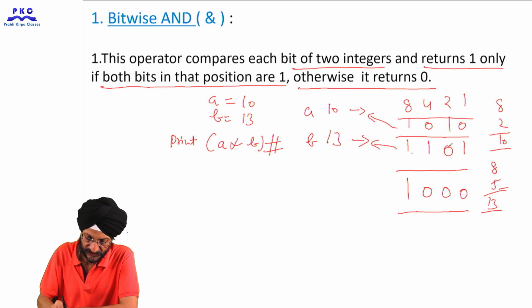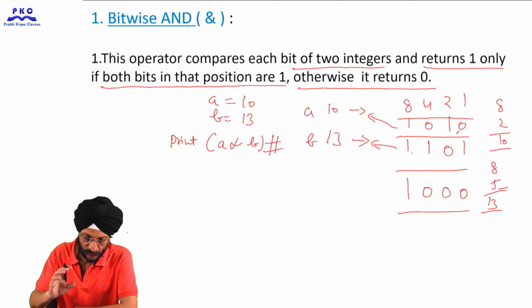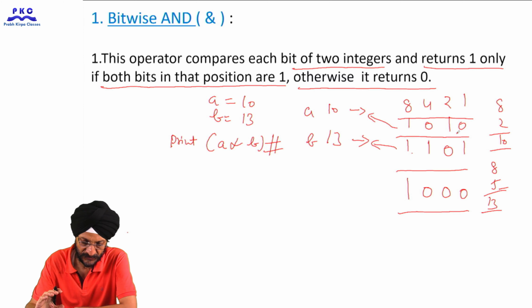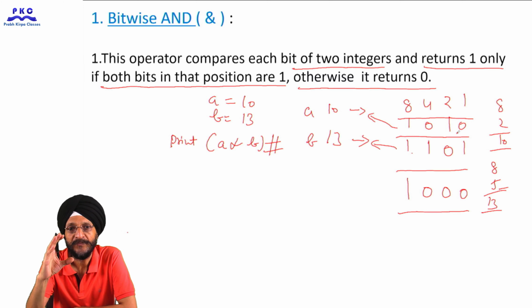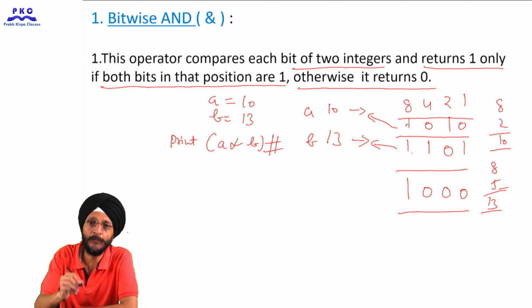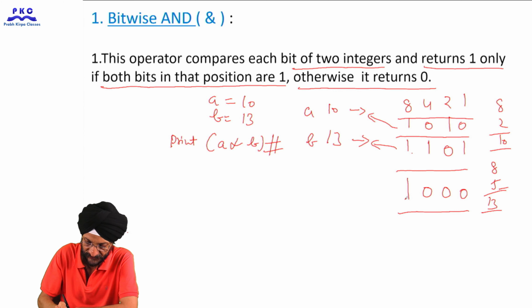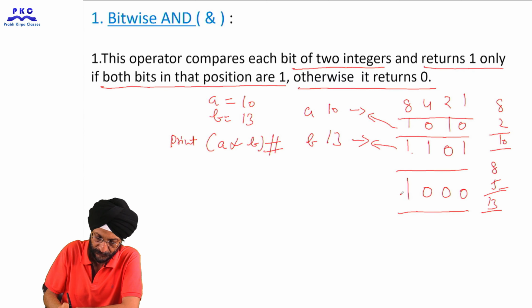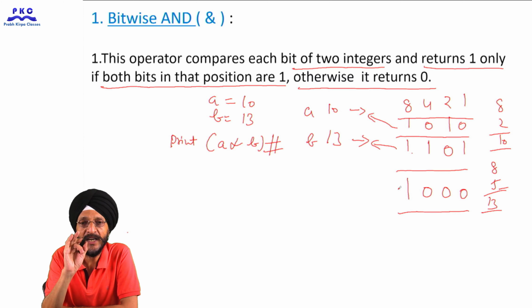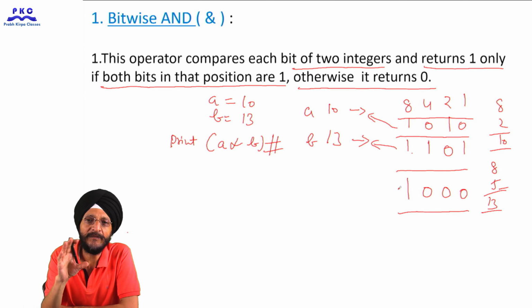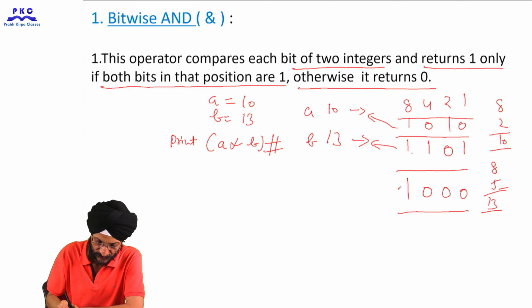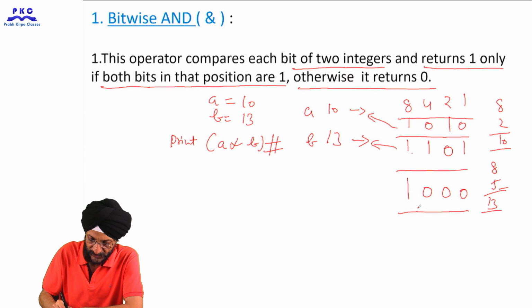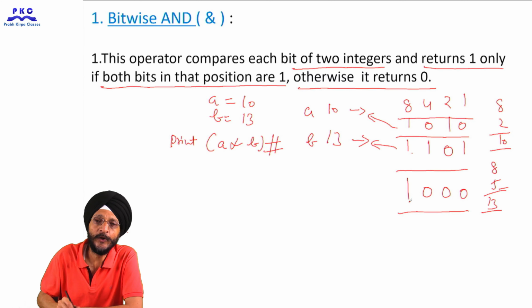In all other cases there are no bits where both are 1. So here we have 1 on both sides only one time, and we have written 1. This is the final binary number we have calculated after performing the bitwise AND operation. Now we will convert this binary number into decimal.